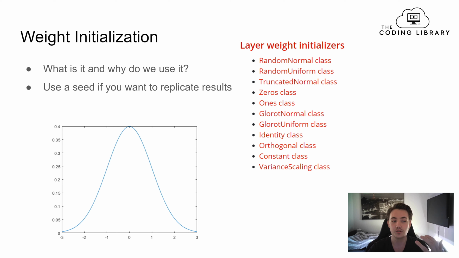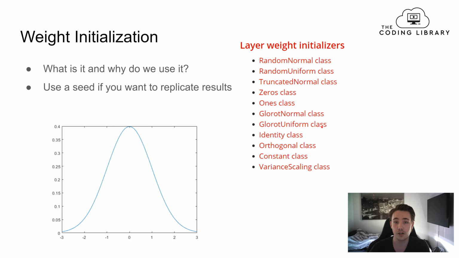And we can use something called a seed if you want to replicate the result, because when we're using these layer weight initializers, we have some built into Keras, for example the random normal distribution class or a random uniform class. And actually the default one in Keras is the Glorot uniform class here, which is also the Xavier initializer.